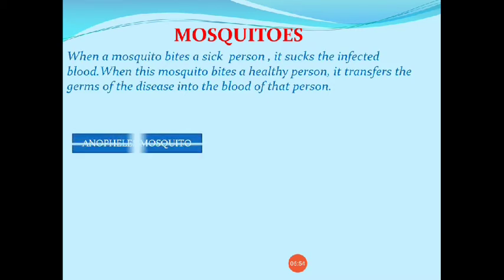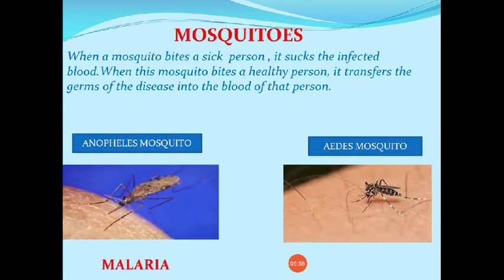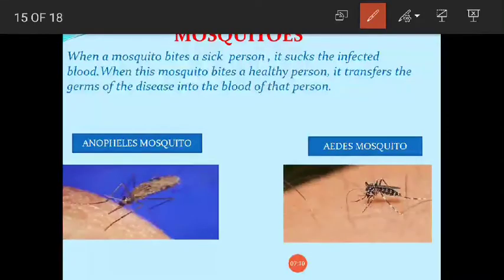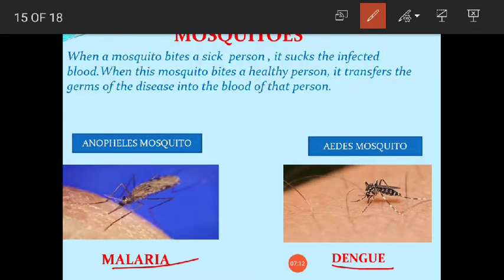Let us move to another type of insect which spreads diseases, that is the mosquito. Mosquitoes spread diseases like malaria, dengue. And how does it spread? When these mosquitoes bite an infected person, they suck the blood from the infected person, and they take the germs of the disease also.